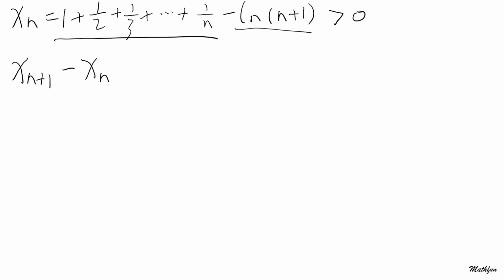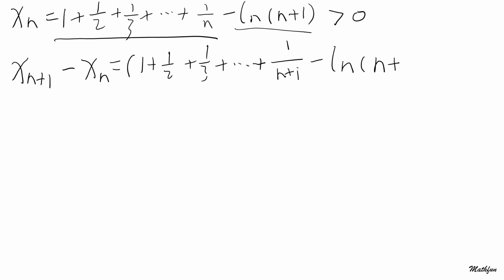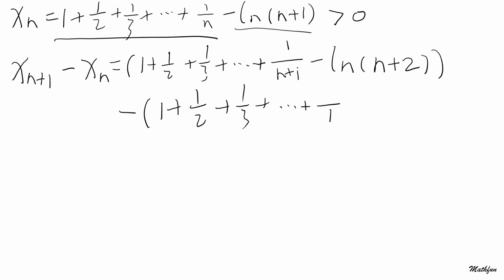Well, for xn plus 1, you're going to have 1 plus a half plus a third, the harmonic sequence up to the reciprocal of n plus 1, minus the natural log of n plus 2. And xn would be that item, so let's write down 1 plus a half plus a third until the reciprocal of n, minus the natural log of n plus 1.